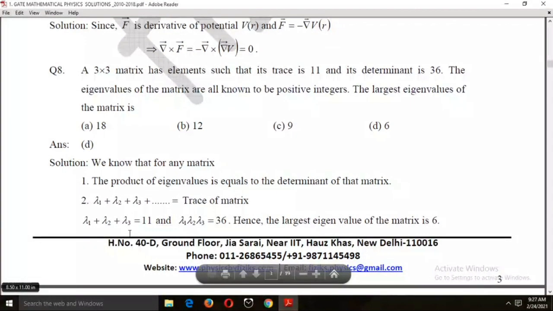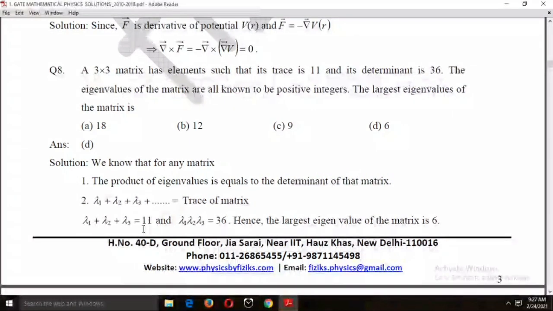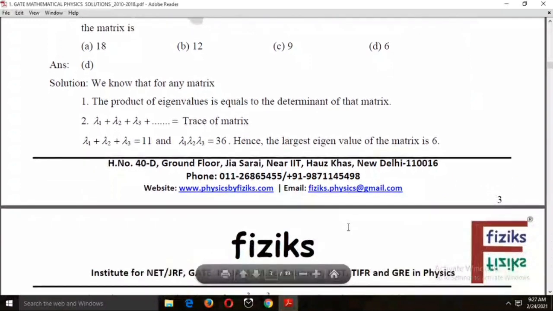Here it is given sigma lambda i equals 11 and product is 36. Hence the largest eigenvalue will be 6, because the sum is 11 and the 3 roots will be 2, 3 and 6. So the sum will be 11 and the product will be 36. So the largest eigenvalue will be 6. Option D will give the correct answer.